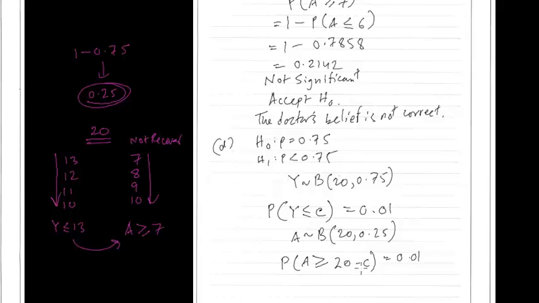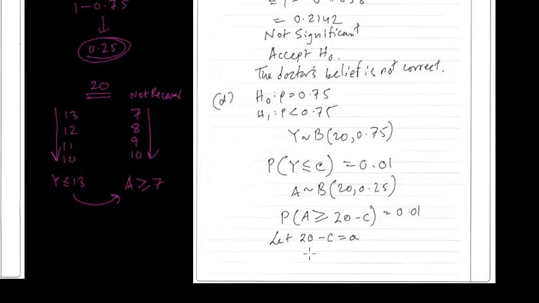Now this portion is a bit cumbersome, so let's use one alphabet. Let 20 minus c equal small letter a. That means the probability of A is greater than or equal to a equals 0.01.